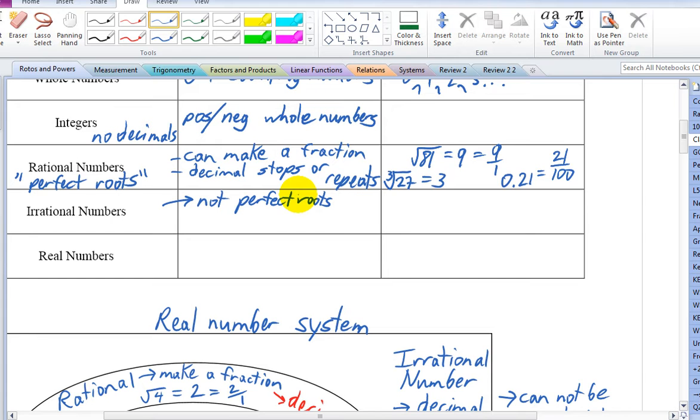Okay. So square root 18, square root 12, anything that's not a perfect square inside. So these ones, they cannot be a fraction.